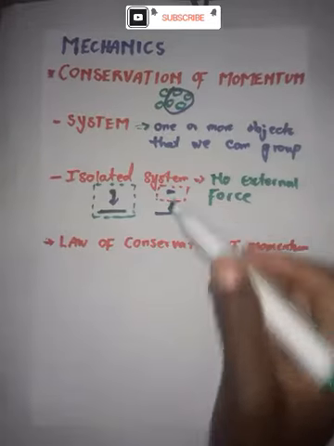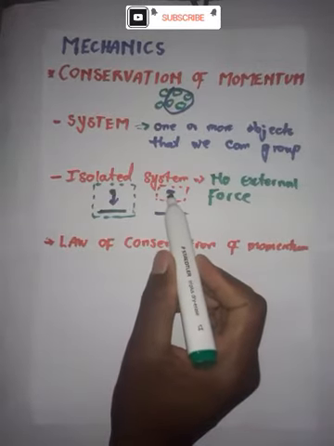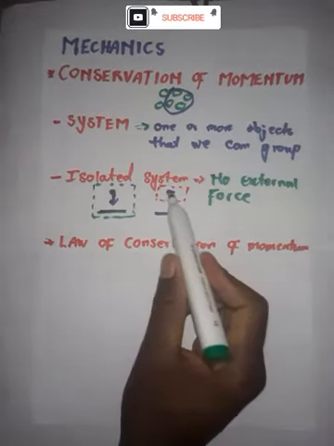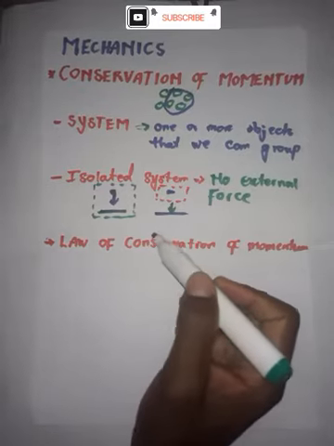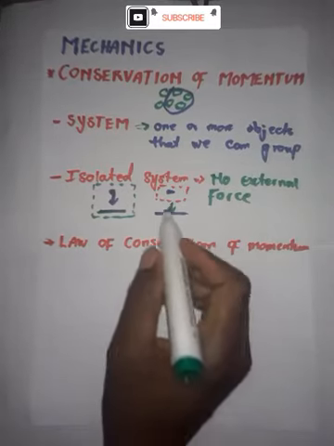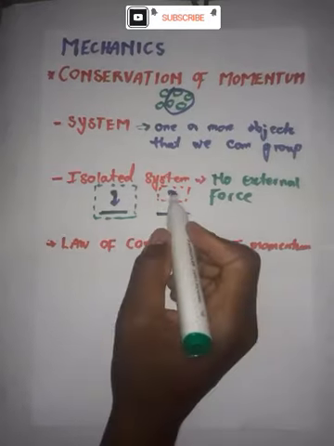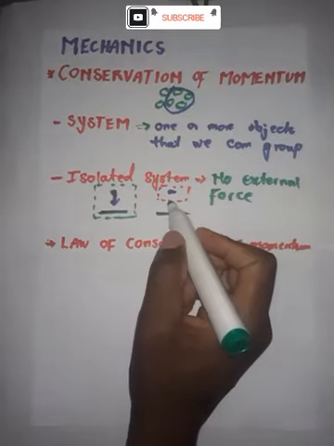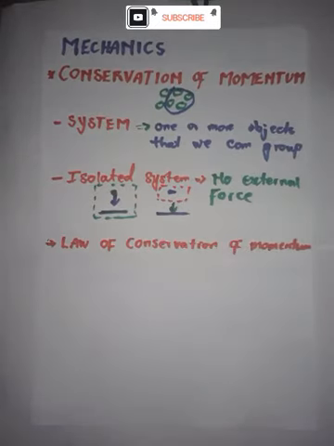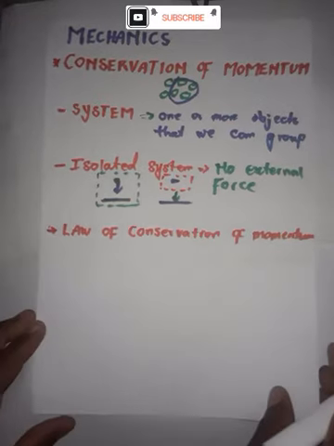In our system we have a ball only, but this ball is affected by one force that's not inside the system. It's an external force. Therefore this system is not isolated, and the other one is an isolated system. That's the difference between an isolated and an unisolated system.